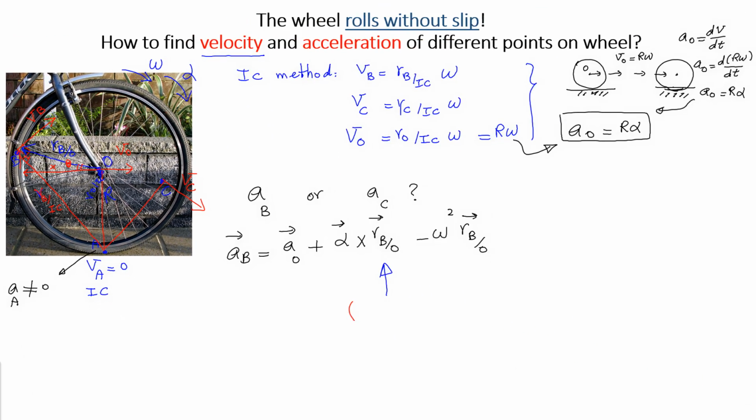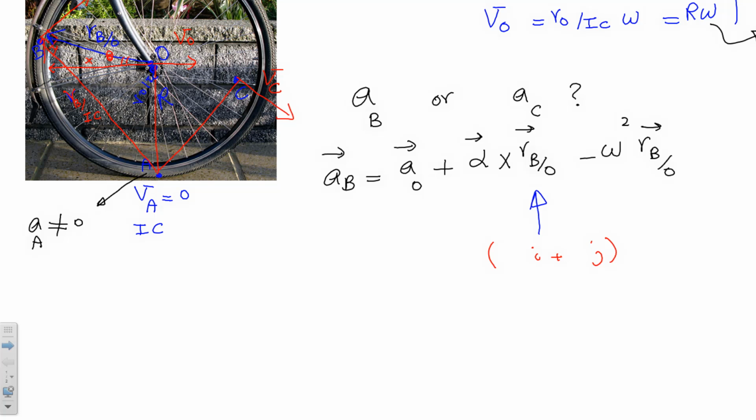So this is the x component and this one is the y component. In your problems, you always have information about this theta angle here, so it's easy for you to find the RB/O in i and j direction. The next thing that you need to do is to go through this process and find the acceleration of B in vector form.